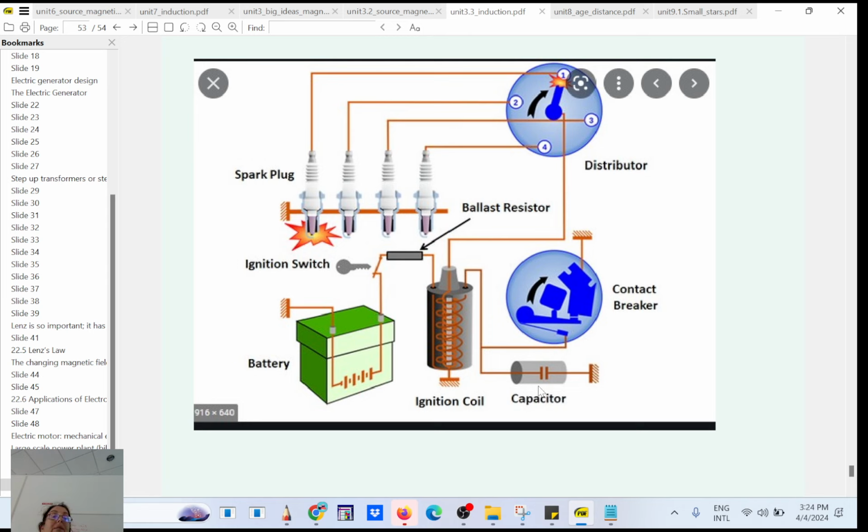So you charge your capacitor when you start your car. That capacitor is going to discharge in a coil, okay? And the coil will discharge here, make a spark, and that's how you have a spark plug, and you can burn your fuel. Okay, so this is a coil and you can discharge it. Very high voltage.